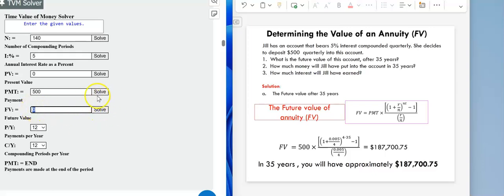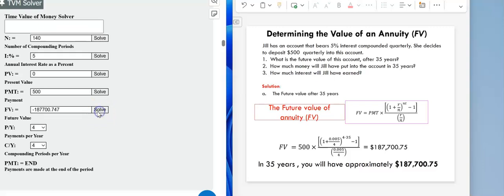So we need to solve for this future value here. But payments per year are quarterly, so 4. So I put the 4 here. Payments per year is also going to be 4. So I put everything here except the present value, because this question doesn't have a present value, so just keep it 0 or leave it blank. Now you just solve for the future value.